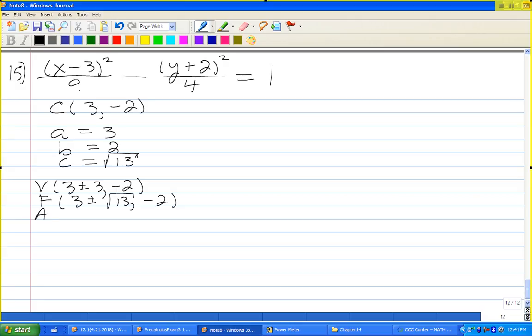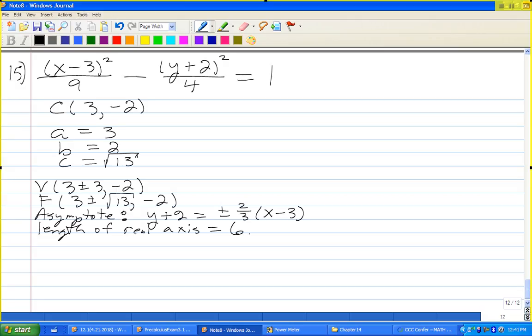Your asymptote will be y plus 2 equaling plus or minus 2/3 x minus 3, and the length of the real axis, two times 3 is 6.